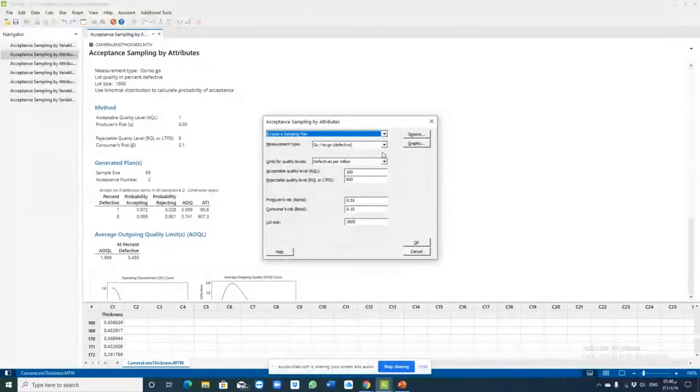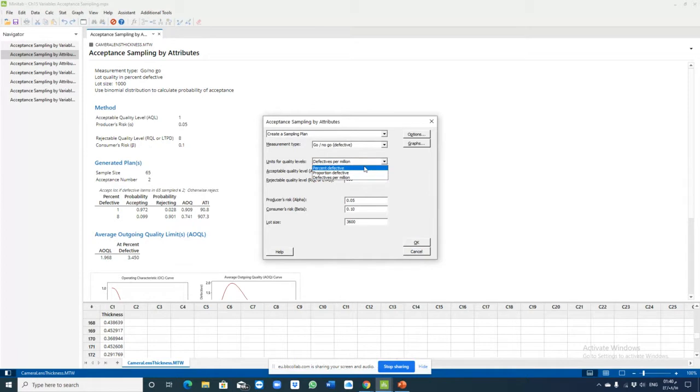In our question, we will use Create a Sampling Plan because we don't have the readings. We want to create it, and we want to find the sampling plan in our case, and we will select defective because those are the decision-making criteria, to accept or reject.